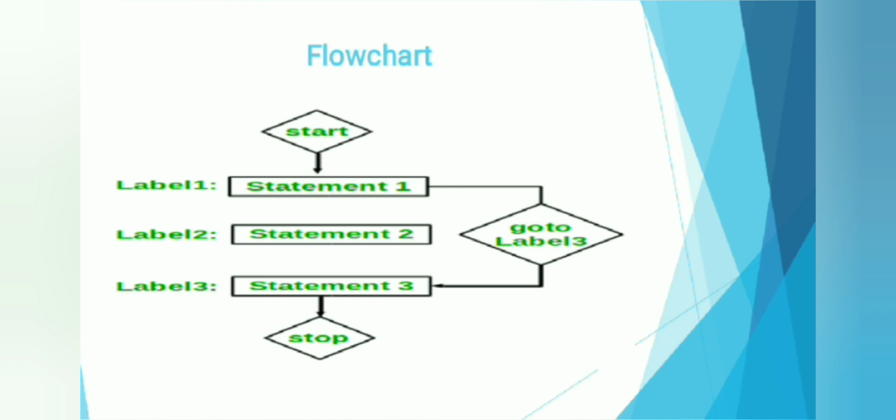Here statement 2 will not work, it will be skipped, because after statement 1, in the next line we are giving goto label 3. So the goto statement is used to jump to the specific label position in a program.